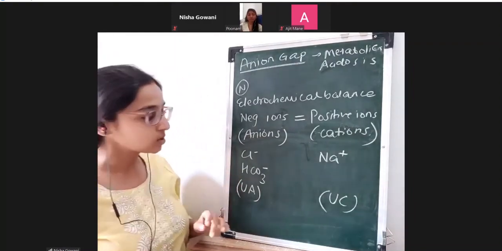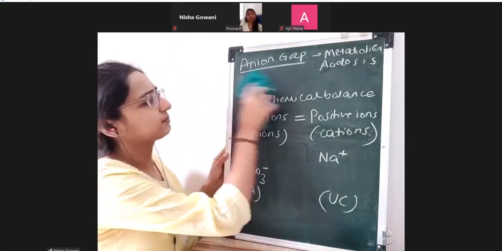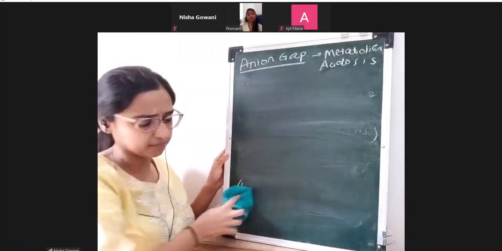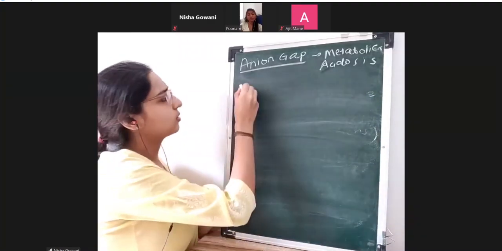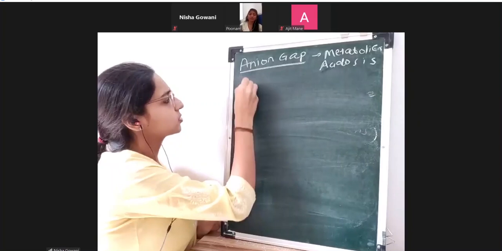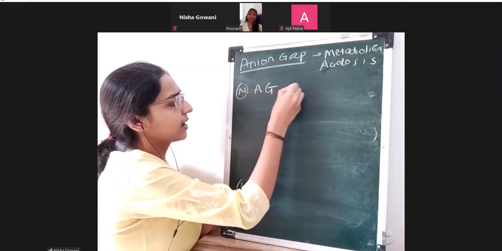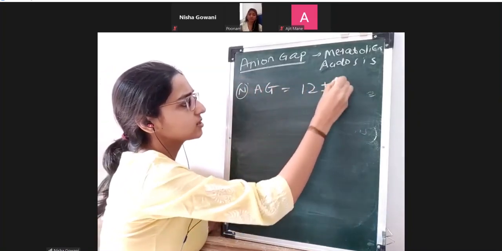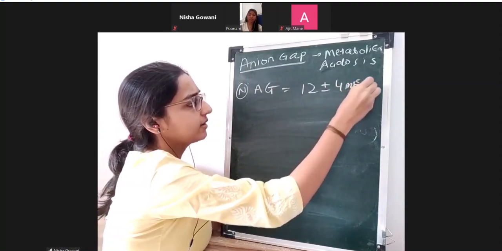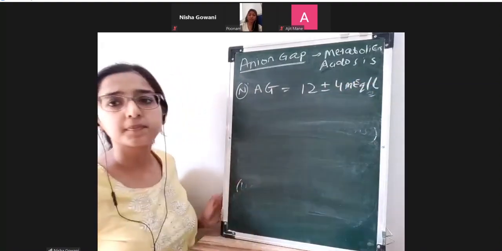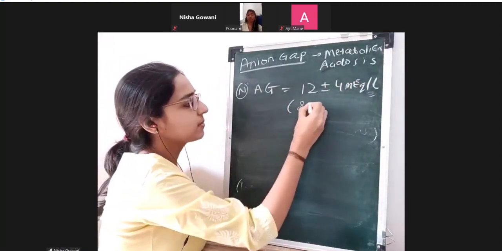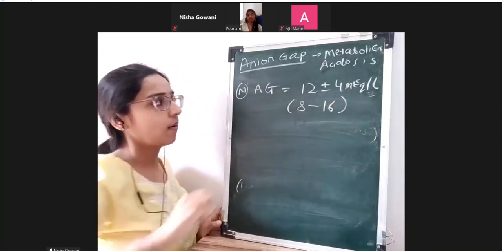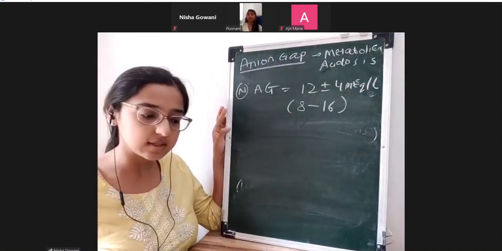All right. So what is the normal anion gap? The normal value for the anion gap is 12 plus or minus 4 milliequivalents per liter, which means the range is from 8 to 16. Normally the anion gap is this much.